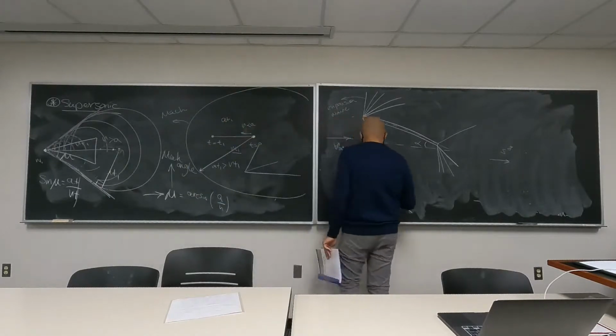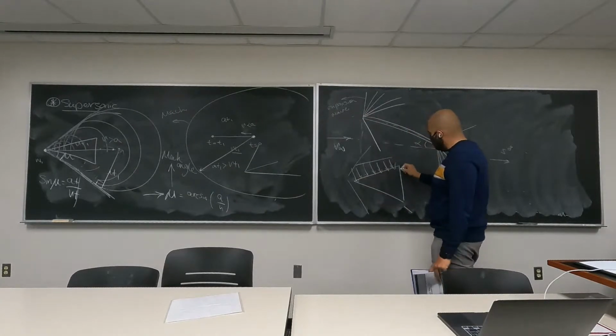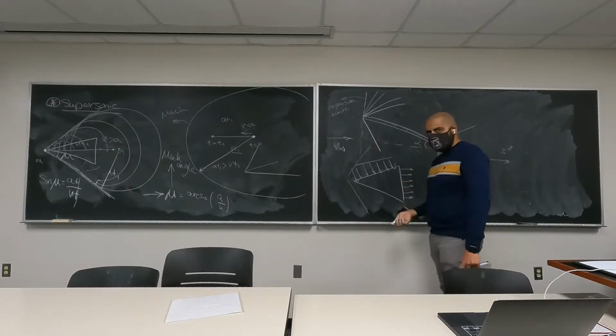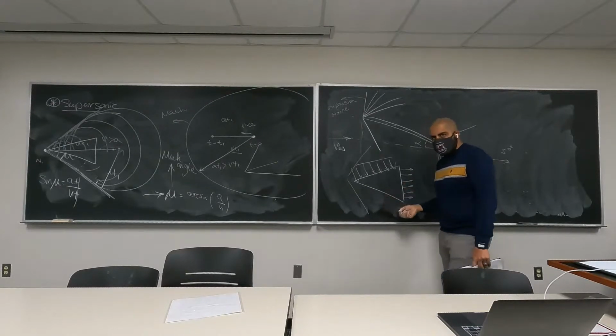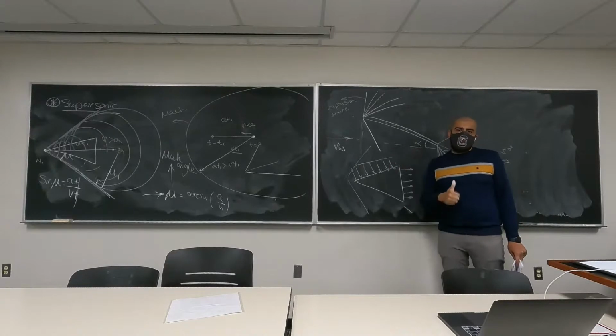On this type of object, on any object, there is one component of this pressure force in this direction, which is the direction of your drag force. So these shock waves, the supersonic conditions themselves, are going to cause a form of drag that is called the wave drag.